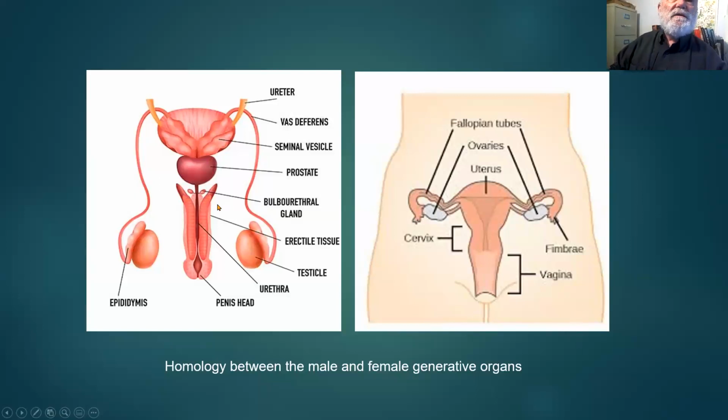So here you have the ovaries and the fallopian tubes on the uterus, and here you have the testes and the epididymis, and it comes down to the prostate gland and the penis. You can see embryologically these came from the same place, right?